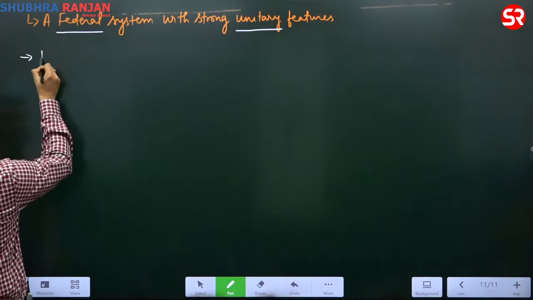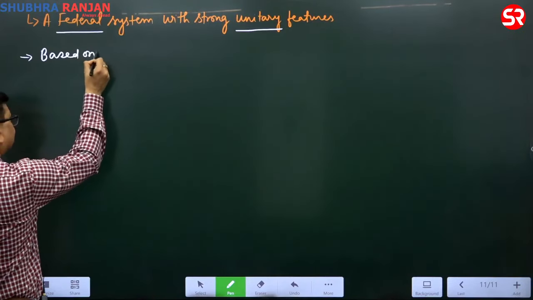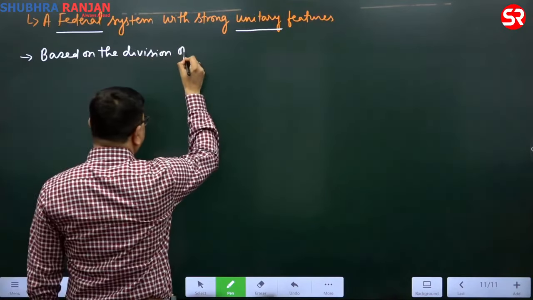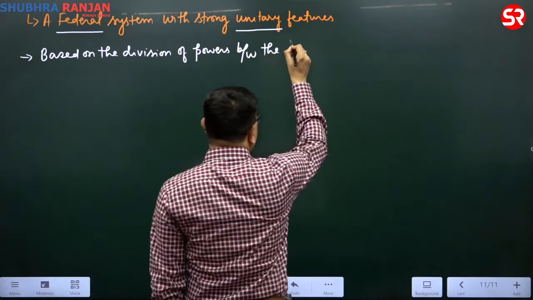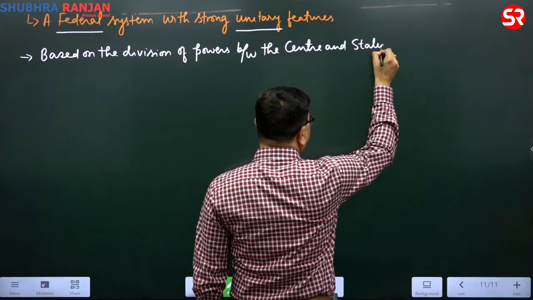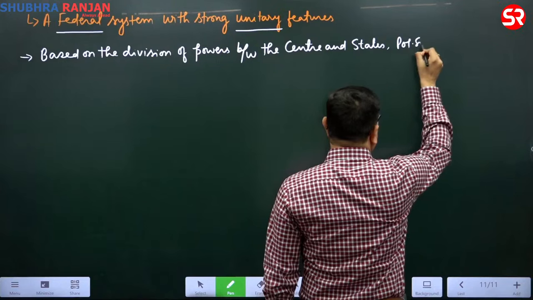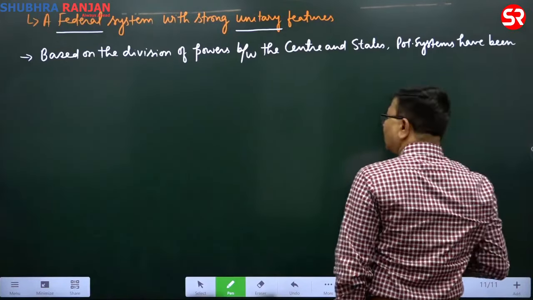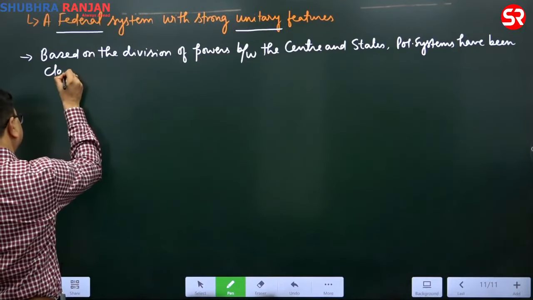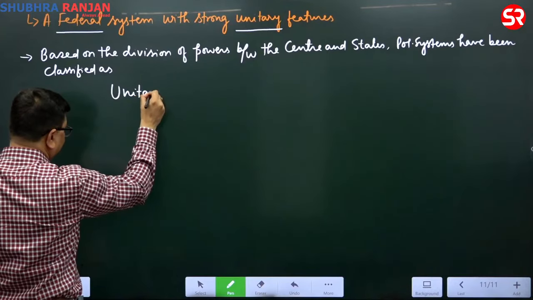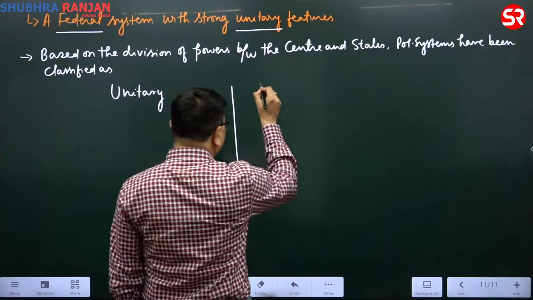You can write it here: based on the division of powers between the center and the states, political systems have been classified as unitary and federal.